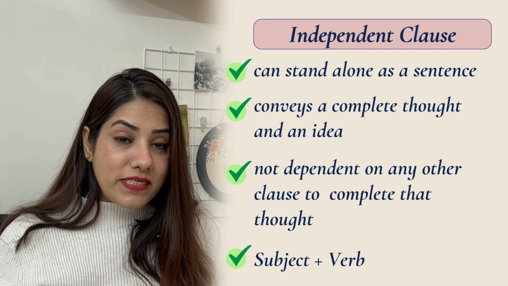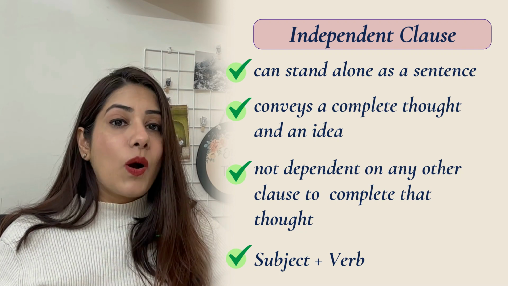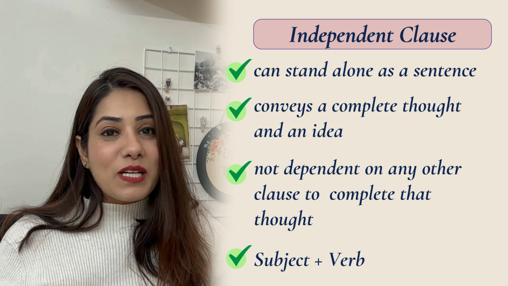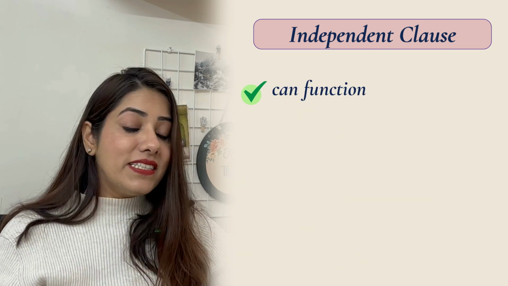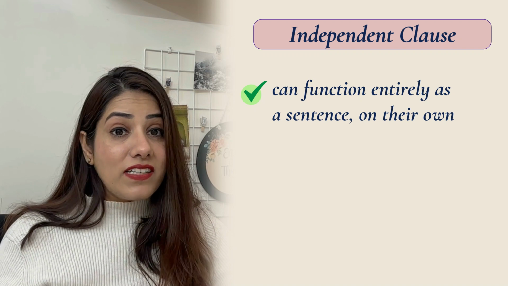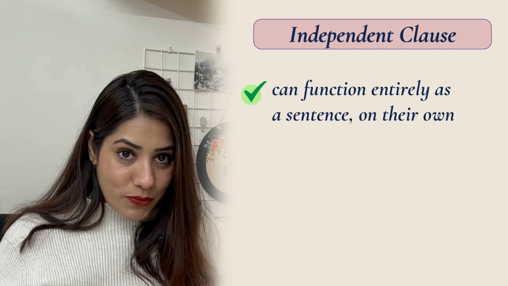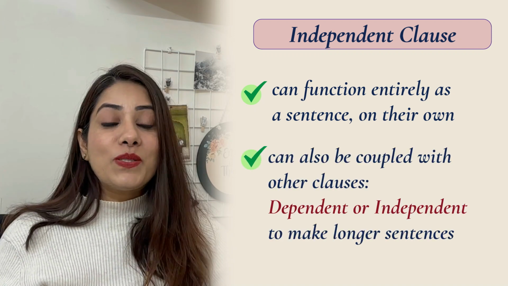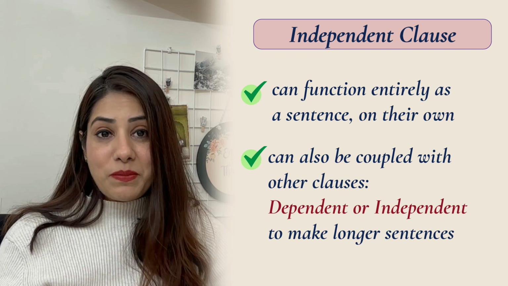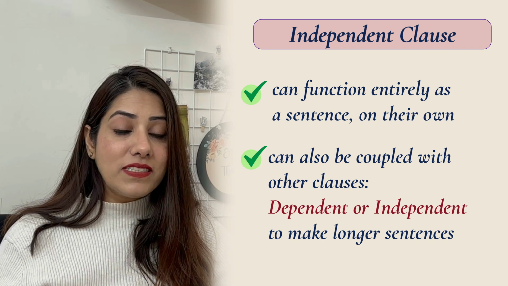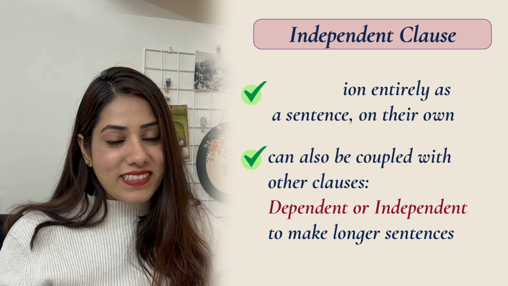Therefore, an independent clause has a subject, a verb, and conveys a complete thought or idea. These clauses can function entirely as a sentence on their own, but they can also be coupled with other clauses, either dependent or independent, to make longer sentences. Let's take a look at these examples.